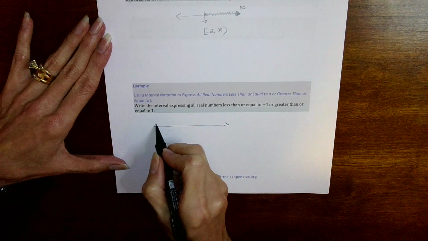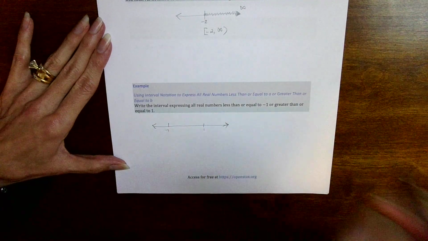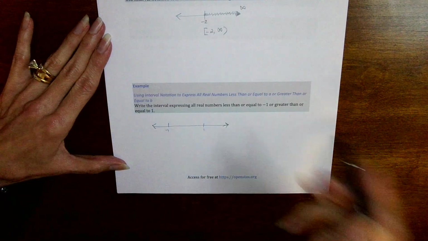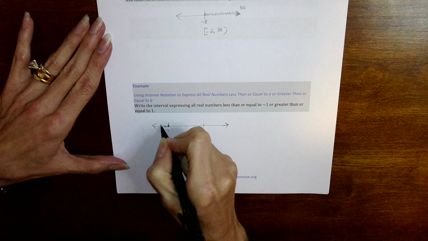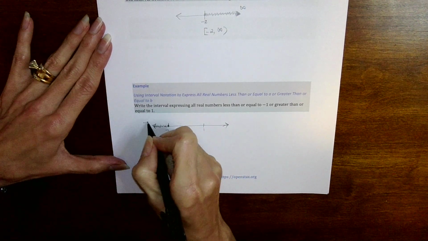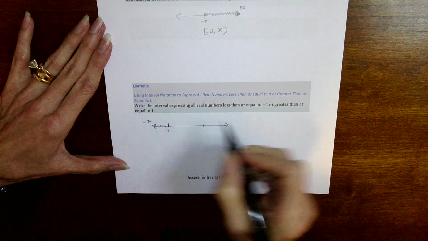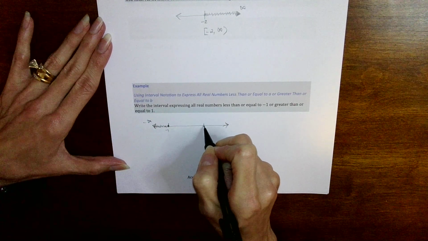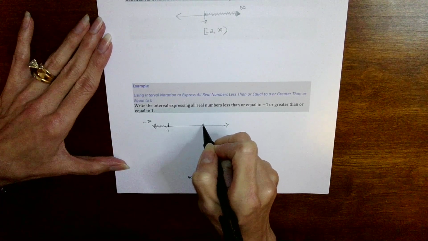I'm a visual person, so I like to have kind of a picture in front of me. So all real numbers less than or equal to -1, it's a closed dot, everything to the left, and greater than or equal to 1, so closed dot.